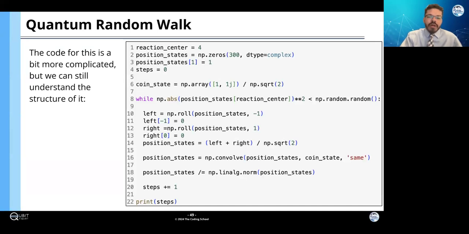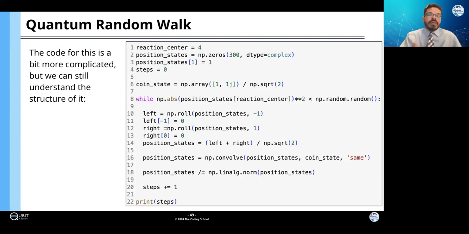What I want you to think about is that now we're simulating our exciton as a quantum object. We're allowing it to exist in a superposition of states, and allowing it to move left or right at the same time.